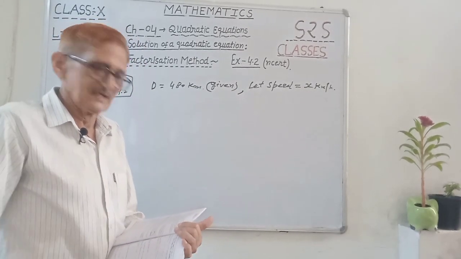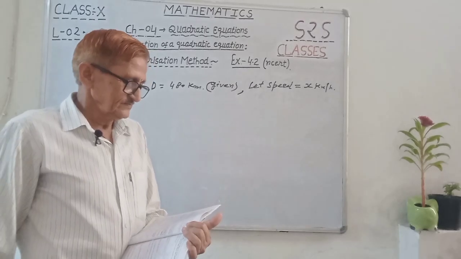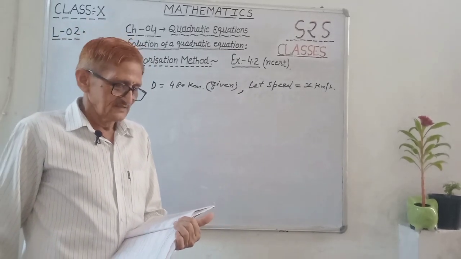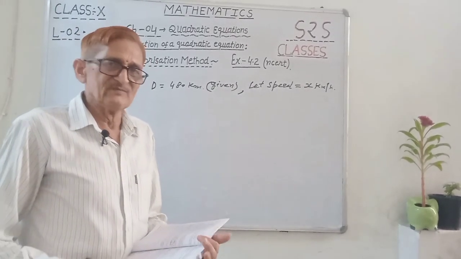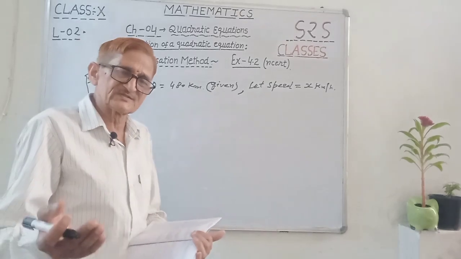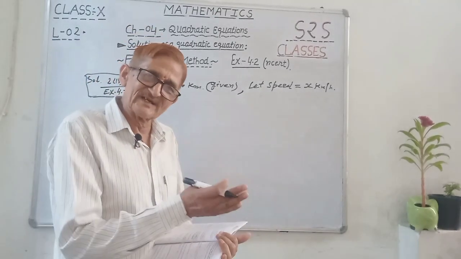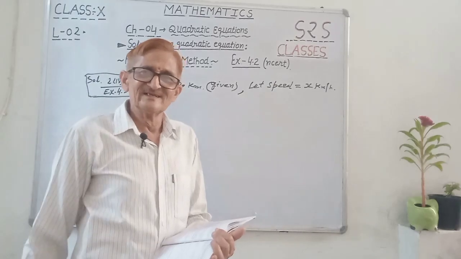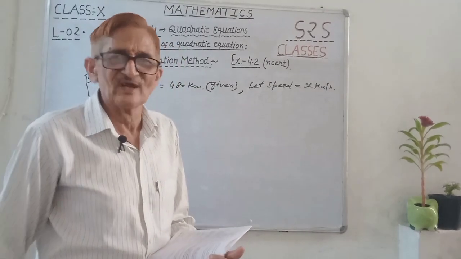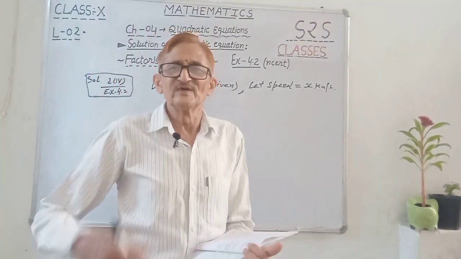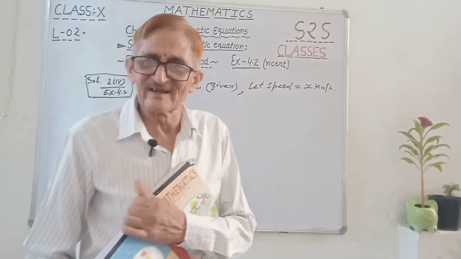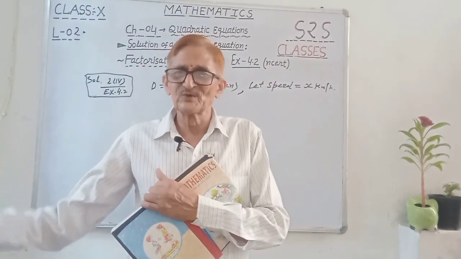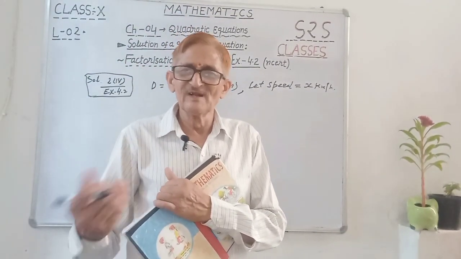Okay, if speed increased or decreased, then time will be increased or decreased. So if speed increases, time will decrease. If speed decreases, time will increase by taking the same distance. We know that. If you are going by car from your home to school, speed will be more.